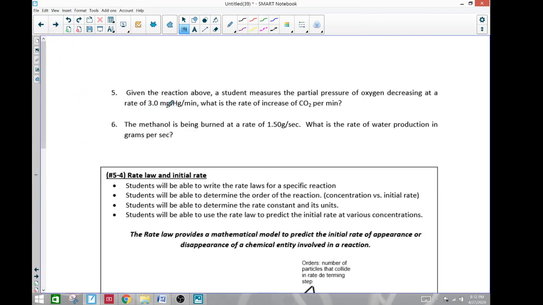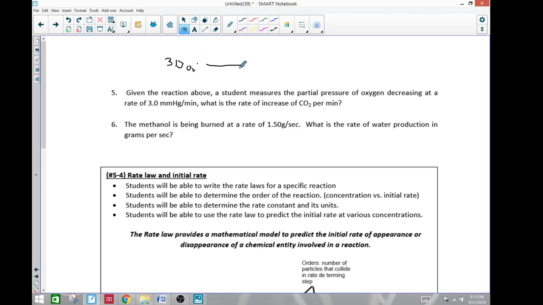Okay, we have a chemical reaction here, but probably the next page. All right, given the reaction above, a student measures the partial pressure of oxygen decreasing at a rate of 3 mmHg per minute. This is a pressure, millimeters of mercury per minute. What's the rate of CO2 per minute? So let's do this. 3.0, and this will be of the O2, oxygen.